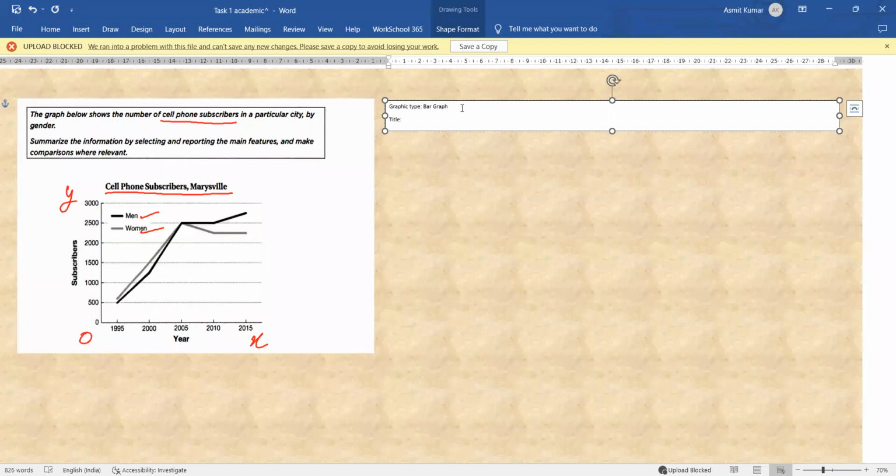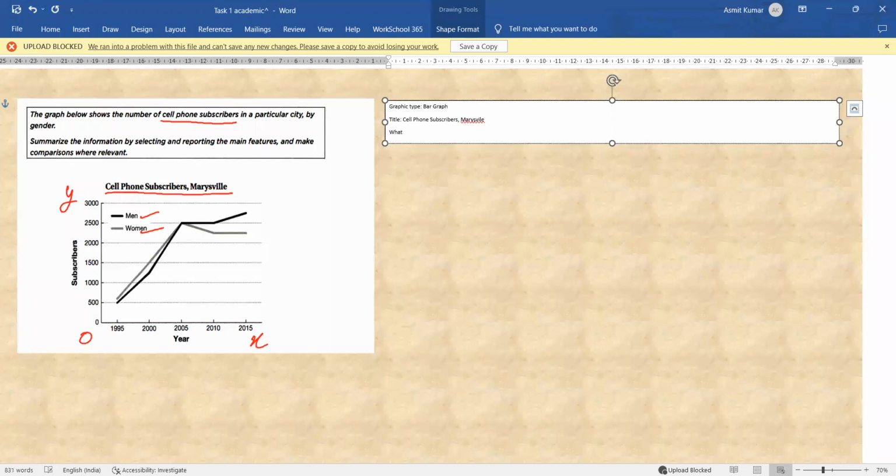So the title, whatever they have written here in the label, the same will be the title. It is self-made: cell phone subscribers, Marriage Village. Okay, the title is done.